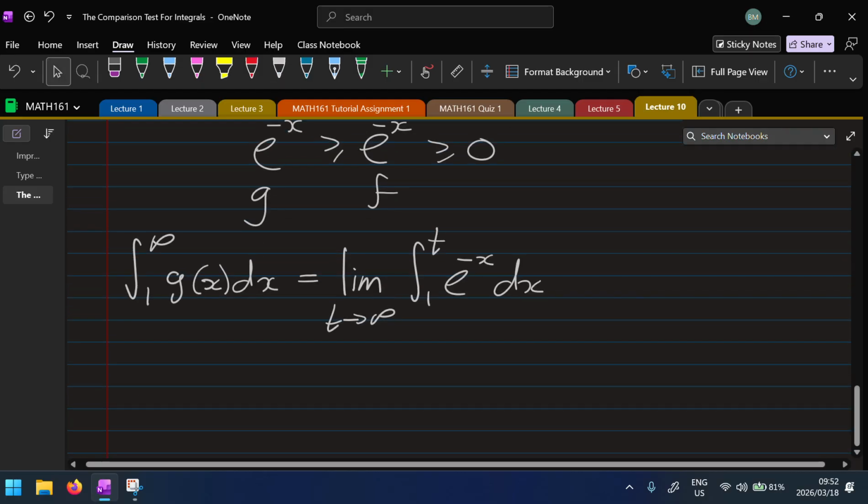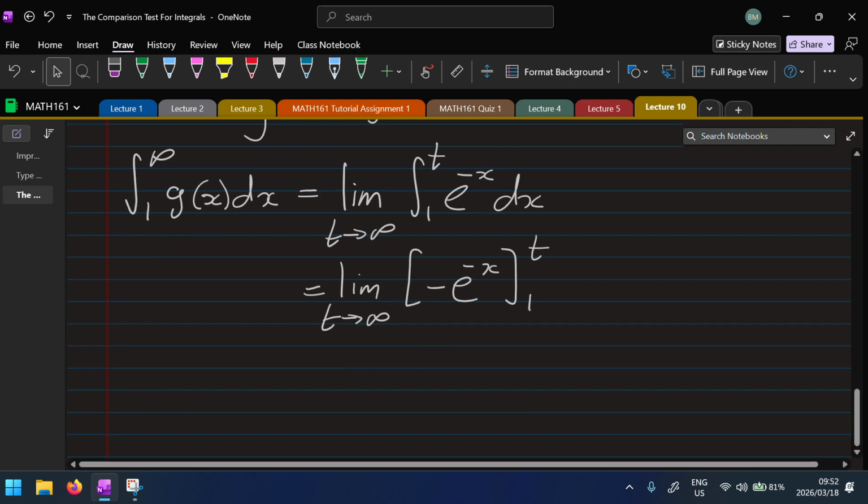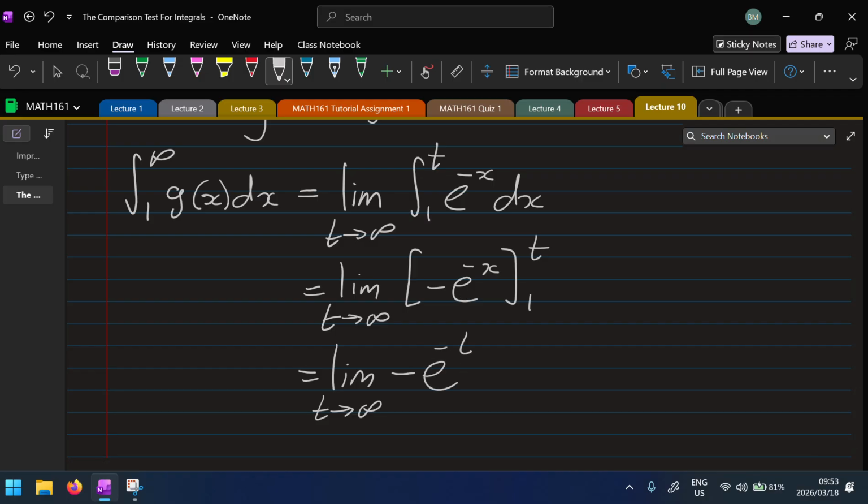So we have the limit as t goes to infinity of minus e to the minus x from 1 to t. We can substitute and then take the limit. The limit as t goes to infinity of minus e to the minus t, and then we have minus and a minus, so that will be a plus e to the minus 1.